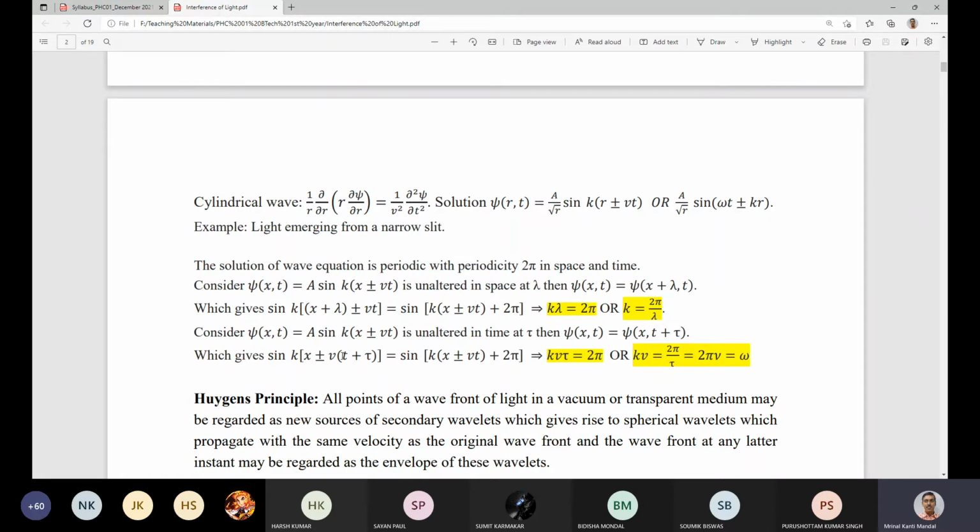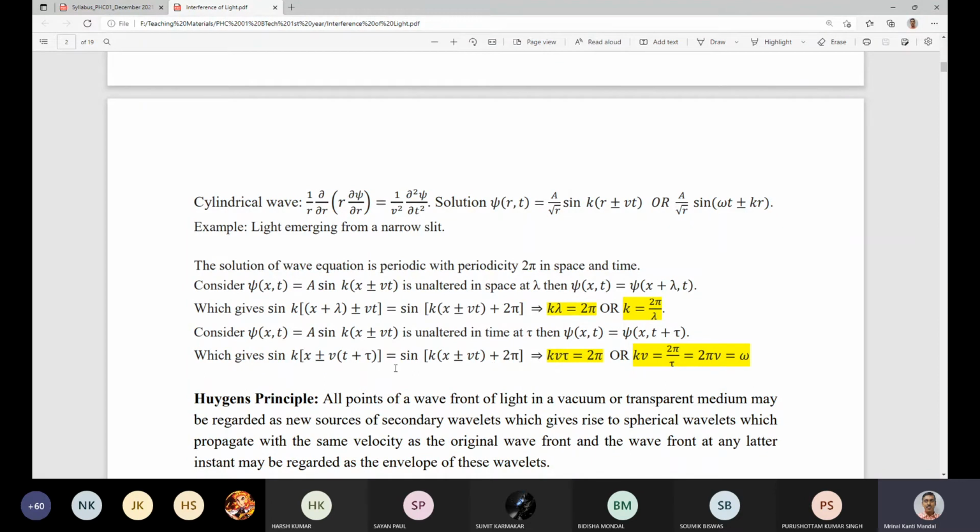Now if we consider it is periodic in time and the periodicity is tau, that means within an interval t equal to 0 and t equal to tau, or t equal to some value t and t plus tau, it represents the same thing. Then we can also write sin kx plus minus v t plus tau is equal to sin kx plus minus vt plus twice pi, because twice pi is the periodicity of the wave.